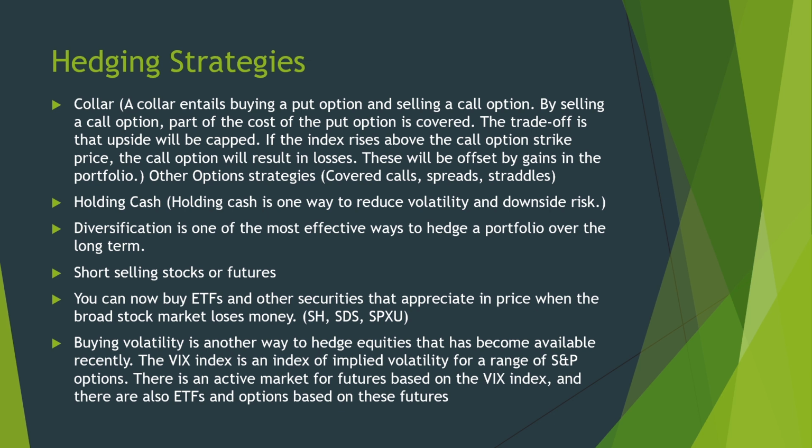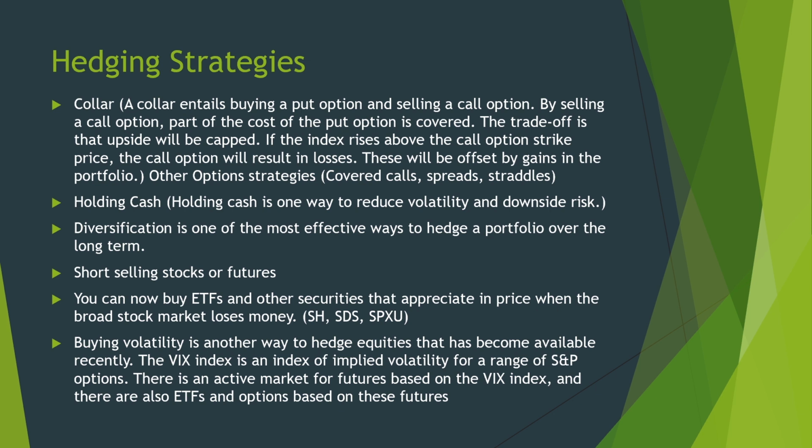The trade-off is that the upside will be capped. So even if that price spikes up, because of the call option you sold, you're not going to make as much profit. If the index rises above the call option strike price, the call option will result in losses. These will be offset by the gains in the portfolio.